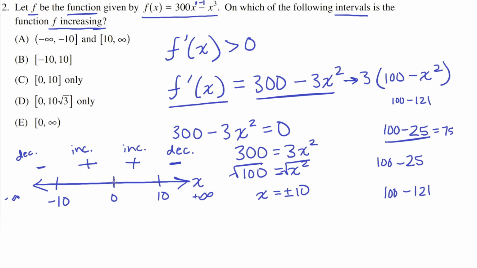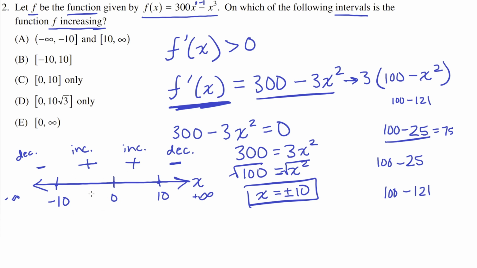That's why we calculated these critical points, because it is only at the critical points that f of x can change whether it's increasing or decreasing, meaning the sign of f prime of x can only change at the critical points, where f prime of x equals 0, which we calculated right here.